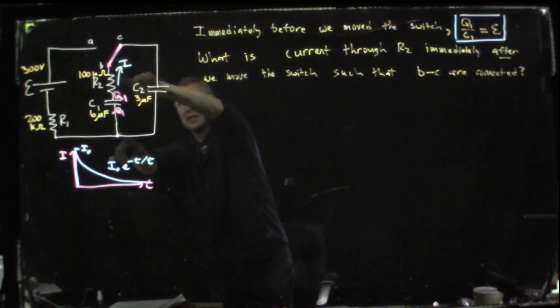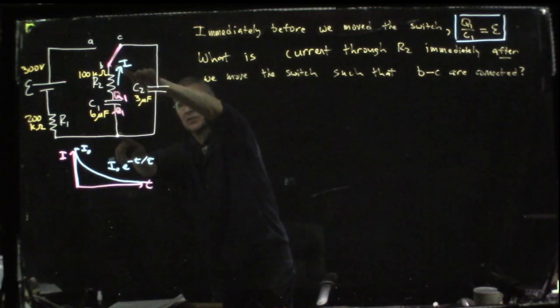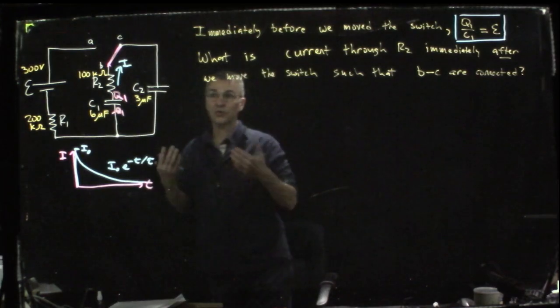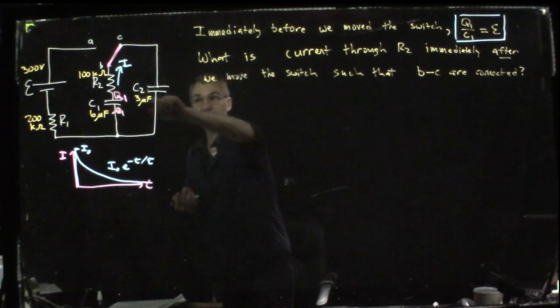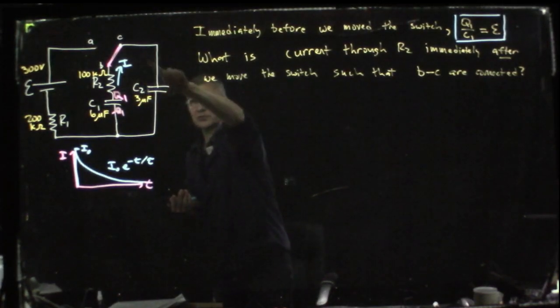So current flows this way because this end of the resistor is at a higher potential than this end. Or, more simply, there's an excess of positive charge here, so it's going to move this way onto this uncharged capacitor plate.